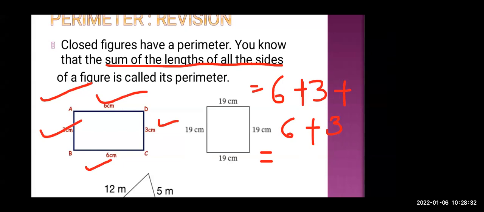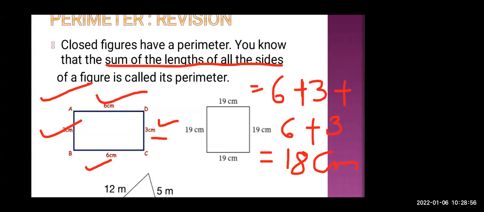yes. So if we add all these, what are we getting? We are getting 18 centimeters. See, it is given in centimeters, so we have to mention centimeter. So in this way, you are going to calculate the perimeter of a given figure. What is the formula? There is no formula.